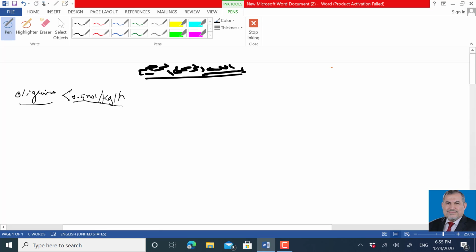If less, this is oliguria. Less than 0.5 ml per kg per hour. Okay? That is, less than 500 ml per 24 hours.